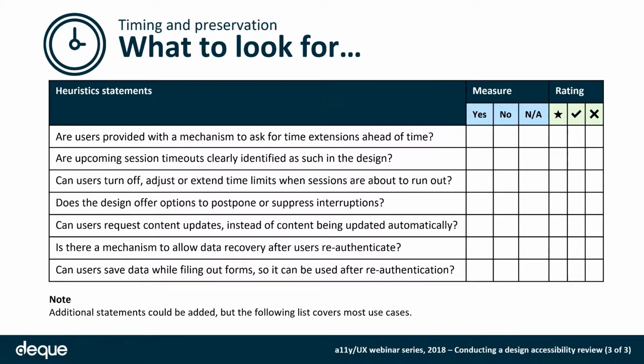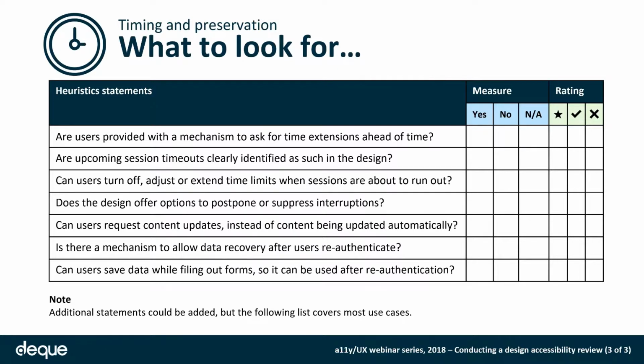And then when those messages do come up, when there's a time limit or the session runs out, being able to either turn off, extend, adjust that time limit is also part of what we're thinking about, to allow someone who would require more time to request it and ultimately be able to submit or complete the task as another user would that doesn't require as much time.